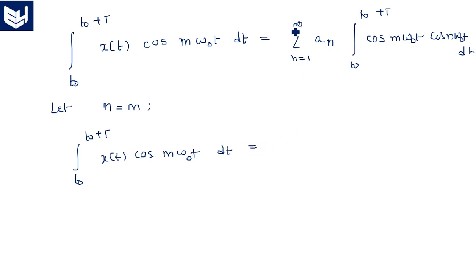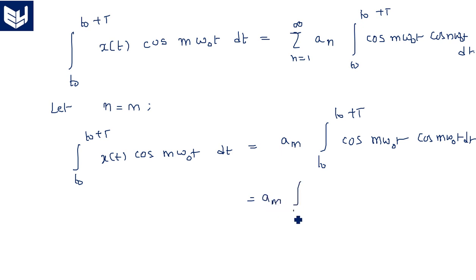And on the right side, instead of taking summation 1 to infinity, we are strictly taking n equal to m. That means am integral t naught to t naught plus capital T cos m omega naught t, again cos m omega naught t dt.